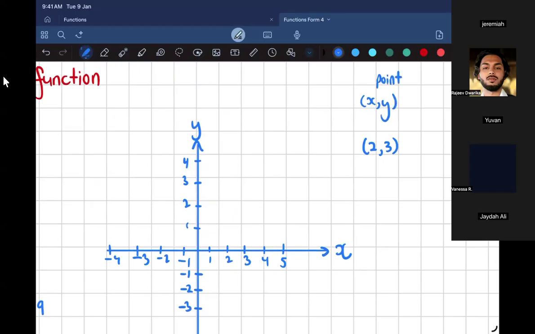When you're plotting a point, you put down the X movement first and then the Y movement. Now, Vanessa, if you're on the X-axis, you could move in what direction? Positive and negative, left and right. Left or right. Cool. If you're on the Y-axis, you could move either up or down. Great. I hope everybody understands that.